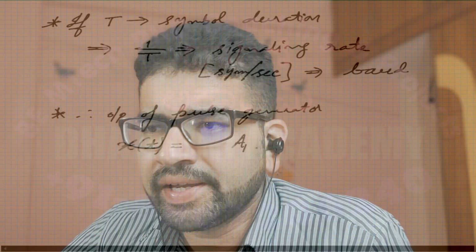So amplitude being different means its height gets changed, but the pulse will get shifted by the capital T amount in time. So we can write it in this fashion: A1 G1 plus A2 G2 plus A3 G3 and so on, where G1, G2, G3 are the time shifted versions of the same pulse, correct? So I can try to write it in this way.